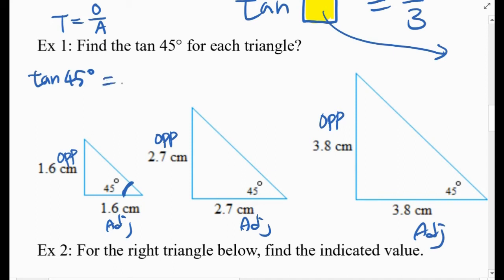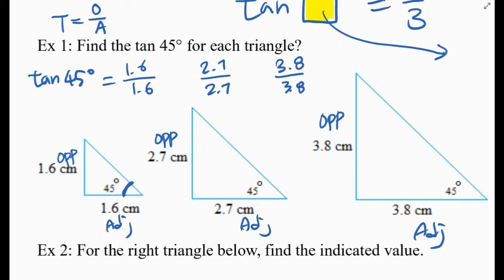Tangent 45 from the first one is 1.6 over 1.6, opposite over adjacent. The second one, 2.7 over 2.7. The third one, 3.8 over 3.8. The size of the triangle does not really matter.